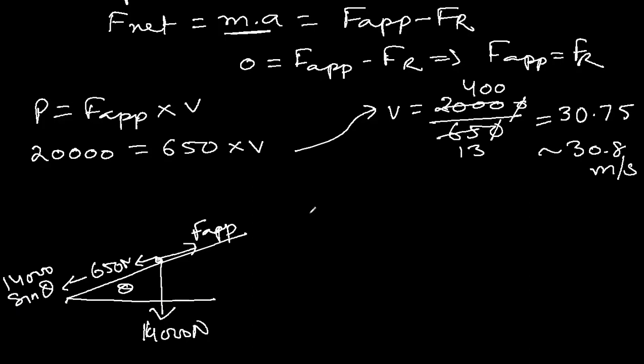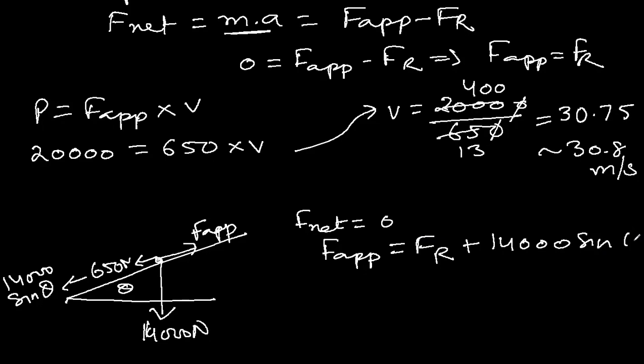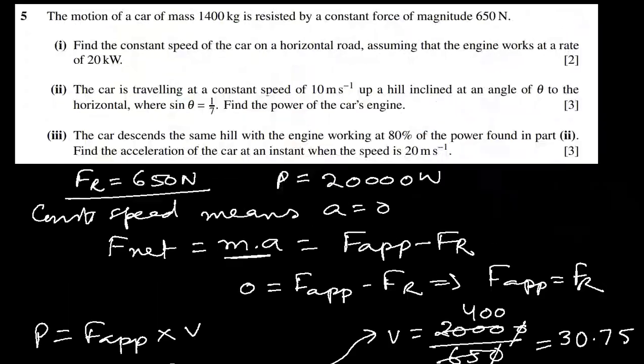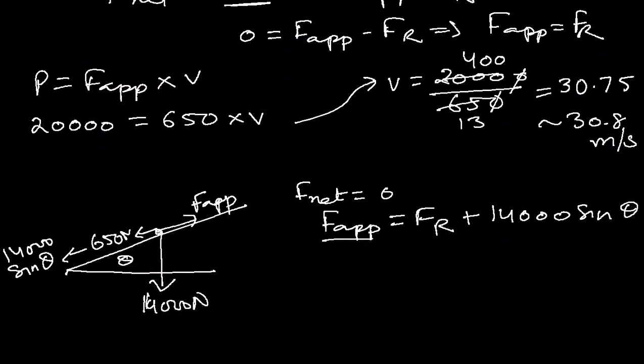14,000 sine theta. Now F net is again 0 because of the constant speed of 10 meters per second. So acceleration is 0, which means again F applied will be equal to the resistive forces, which are 2 now, not 1. So I will write both of them here. They're saying sine theta is 1/7.